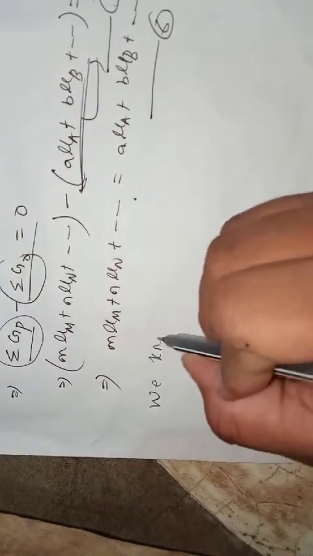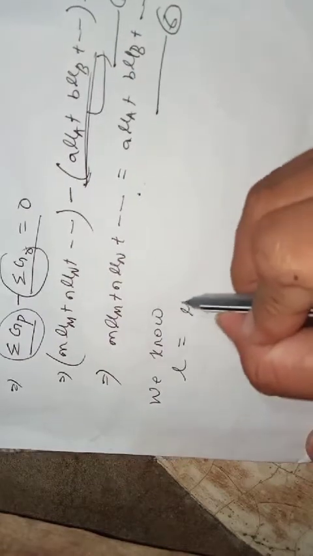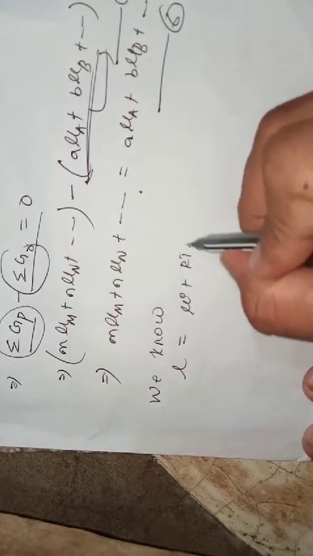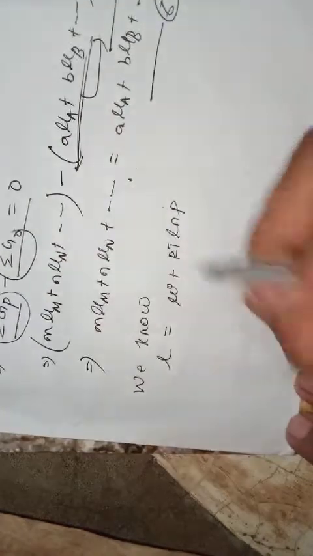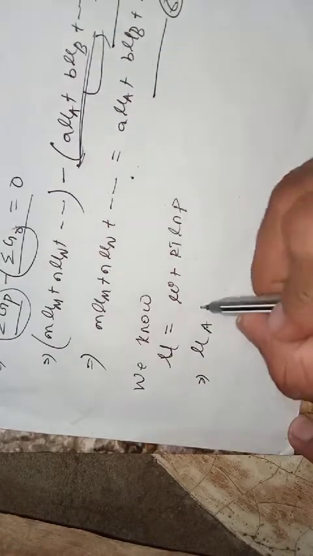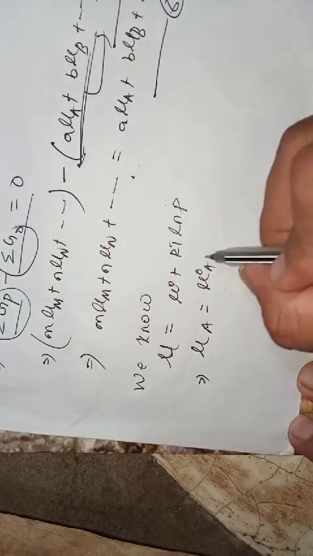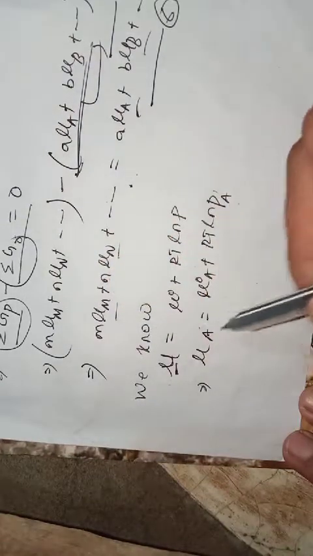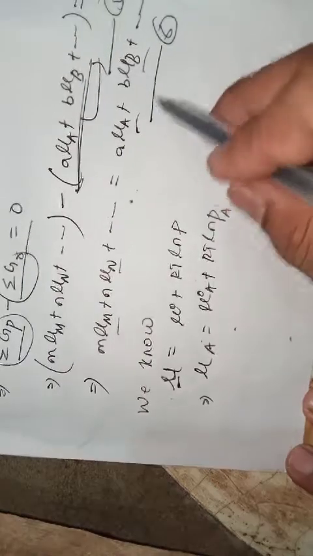Further we know mu is equal to mu naught plus RT log P. This implies that mu A is equal to mu naught A plus RT log PA. Now we'll find all the mu terms for A, B, M and N, and further we put the values of mu A, mu B, mu M and mu N in equation 6.